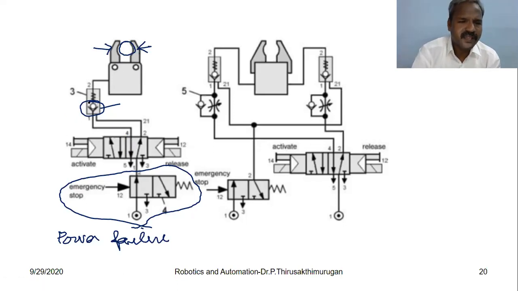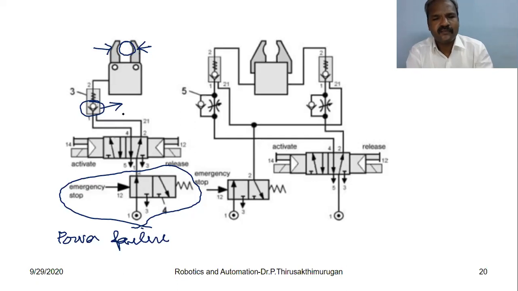That's why we use the retain valve, to avoid the return of pneumatic air. This additional system is used to avoid the loss of prehension force during power failure.